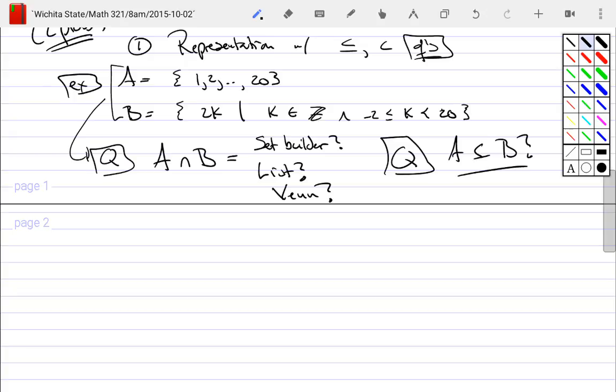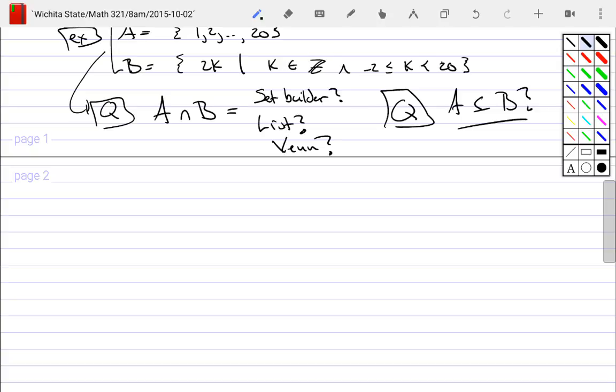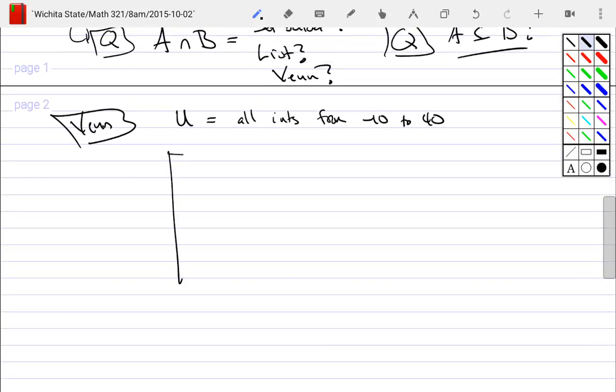So if I would do something like a Venn diagram version of that, let's say I would tell you that the universe of discourse is all ints from, say, -10 to 40. And I ask for a Venn diagram.